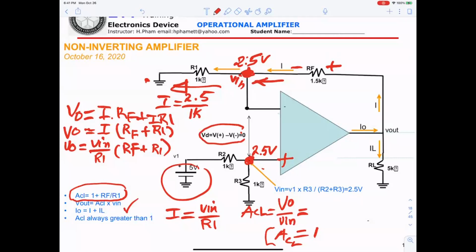Hey, Mr. Pham, in your world of engineering, you deal with building things, and then there's another engineer that deals with what goes on inside the different electronic parts. Is that correct? Exactly. That is the manufacturer, they build the op-amp.